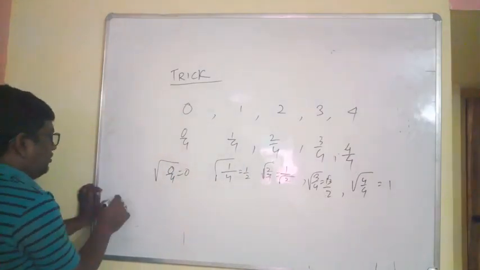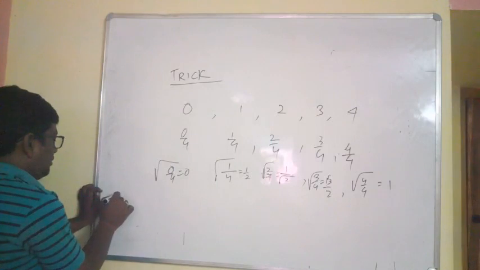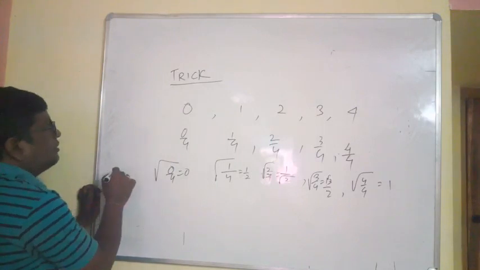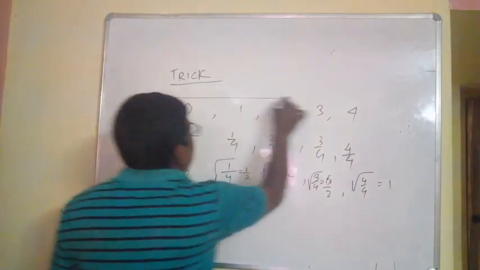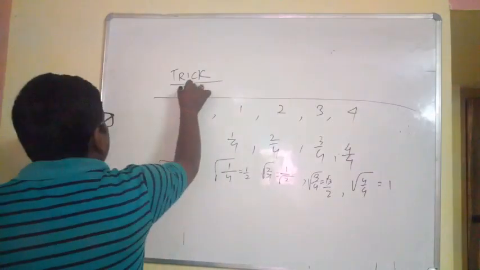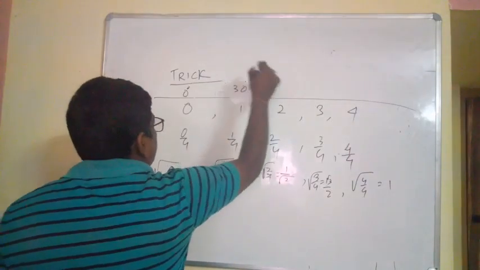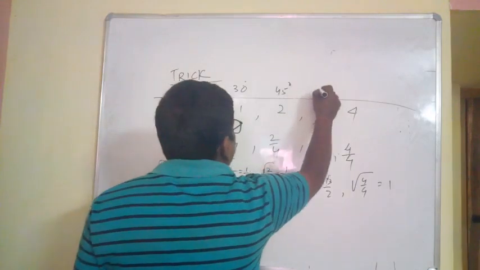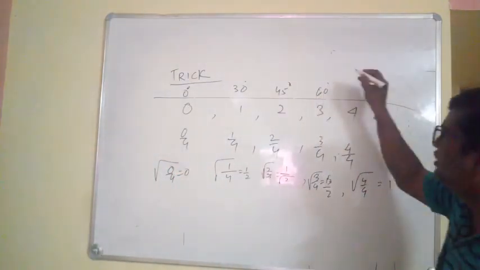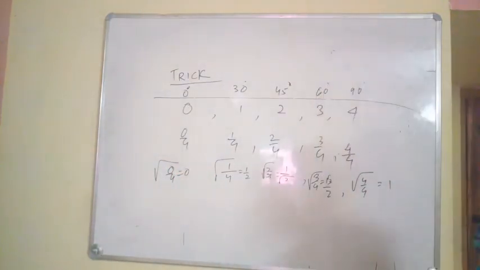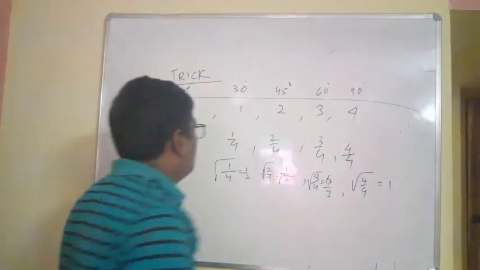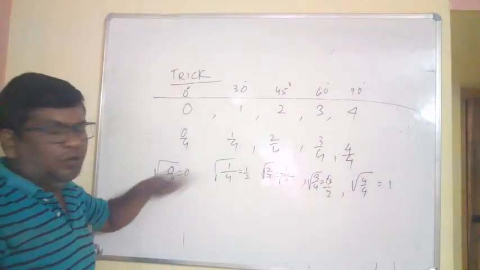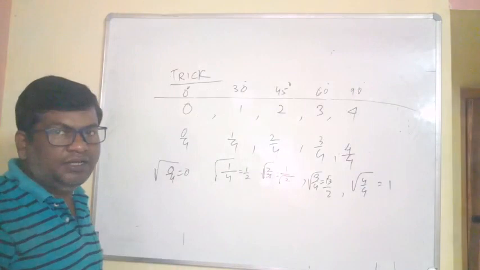These correspond to the angles 0 degree, 30 degree, 45 degree, 60 degree and 90 degree. Write 0, 1, 2, 3, 4, then divide by 4, then take the square root of each term.